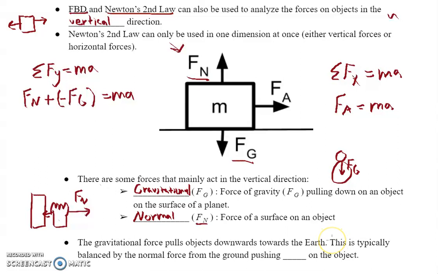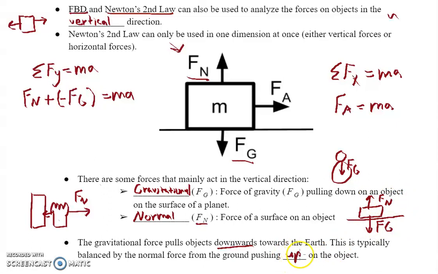And the last thing to keep in mind is that this is a situation that comes up a lot. You're going to be seeing objects that are sitting on the ground, and the force of gravity is going to pull them down if they're on a planet like Earth. They're going to get pulled downward by gravity, and that's typically going to be balanced by the normal force that pushes up from that surface.